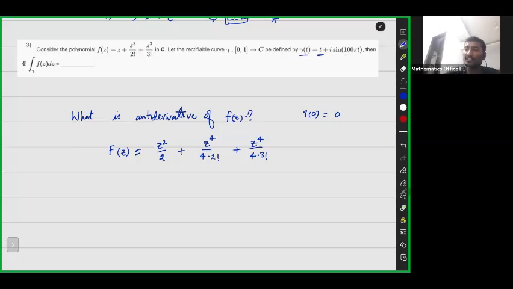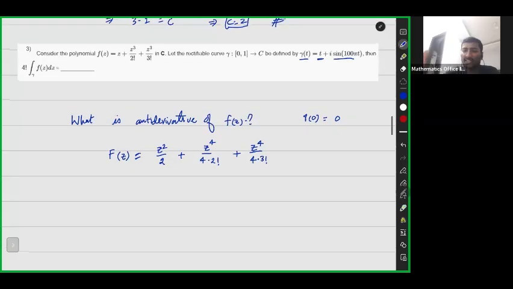Both functions are continuous and infinitely differentiable, so gamma is a holomorphic curve, or a continuous curve defined on this compact set, so it is rectifiable also. We just calculate the initial point and terminal point. No need to draw the graph.